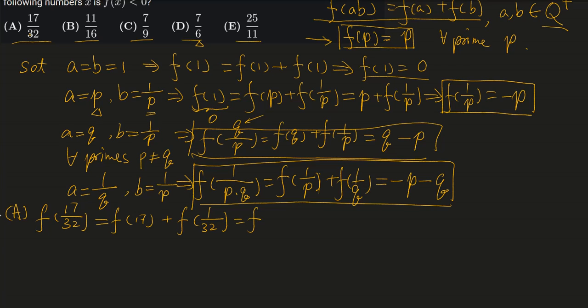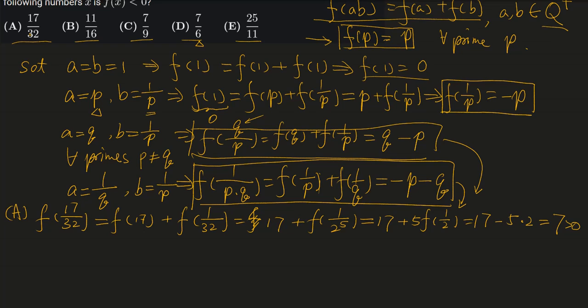So that equals 17, since 17 is a prime, plus f of 1 over 2 to the 5th. This equals 17 plus 5 times f of 1 over 2, which equals 17 minus 5 times 2. These equalities come from these properties. So this equals 17 minus 10, that's 7, greater than 0. So A is not our choice.